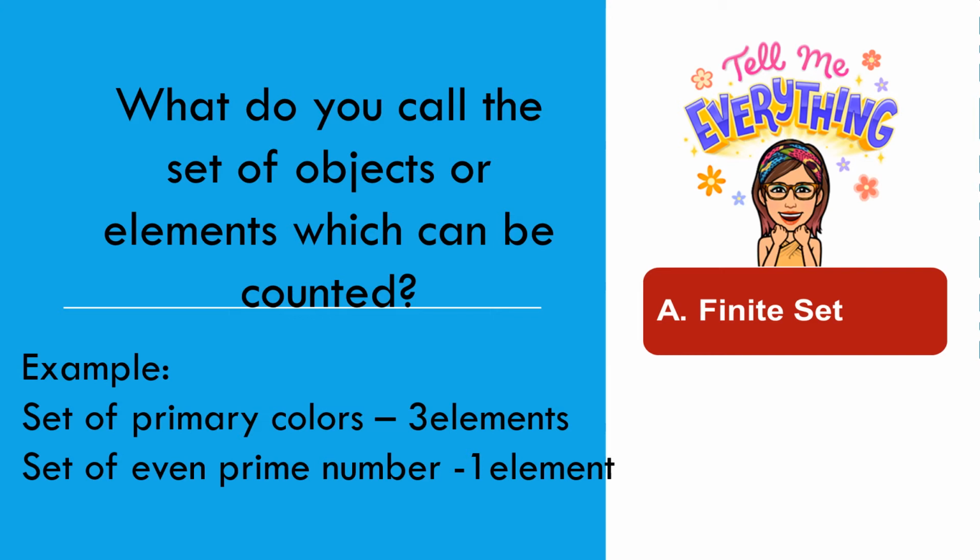Since there are three elements for the set of primary colors, you can count the elements. So it is called finite set. Another example is set of even prime numbers. It has one element, so you can count that element. And that element is the number 2.